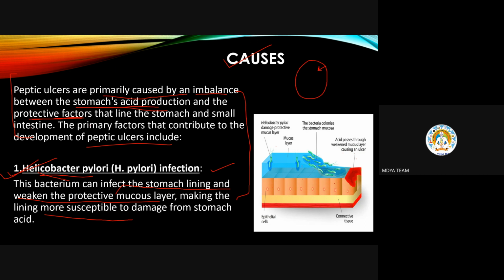The most primary factors, there are three factors on the second slide and two factors on the other slide. The first and most important factor is Helicobacter pylori. What is this Helicobacter pylori doing?